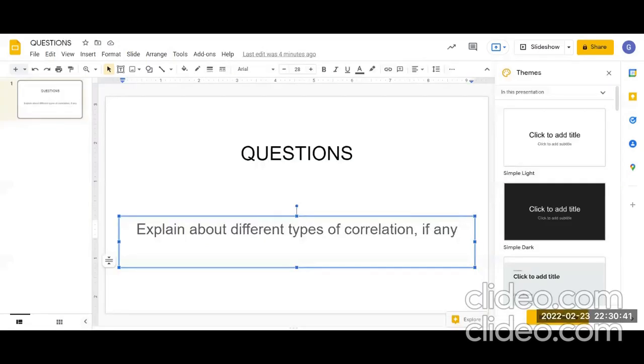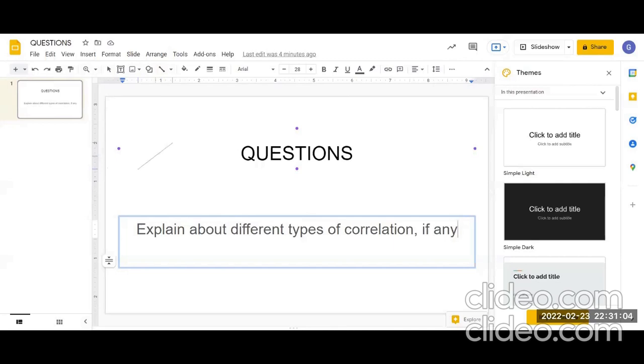Now I'd like to explain the different types of correlation. There are three different types of correlation, and I thought of explaining it visually. They are positive correlation, negative correlation, and zero correlation based on the data points.